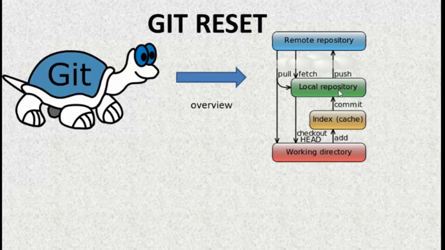The local repository is where Tortoise Git takes care of tracking all the changes to the files and everything, so they are maintained by Git software. And the index cache is something that keeps track of the newly added files.